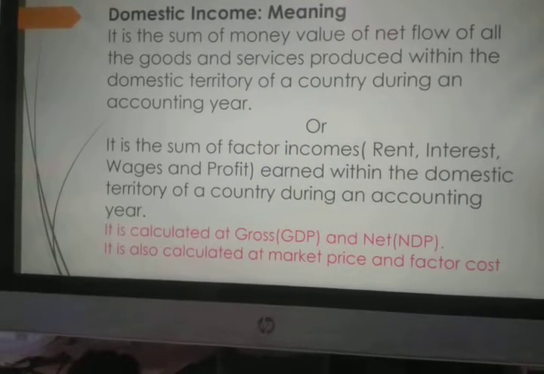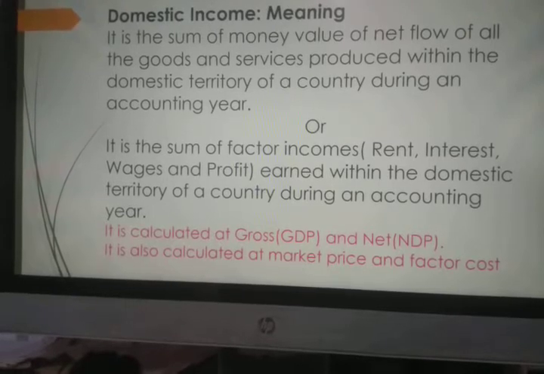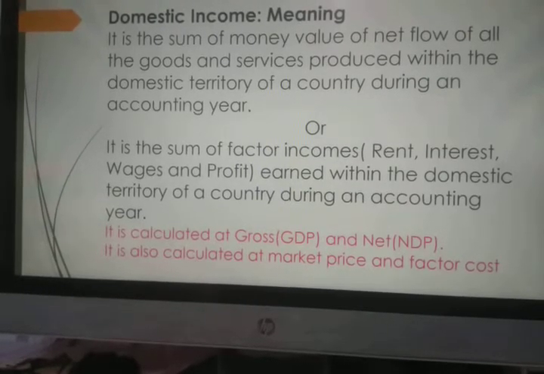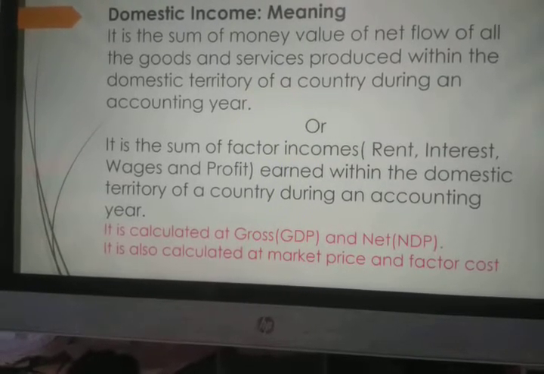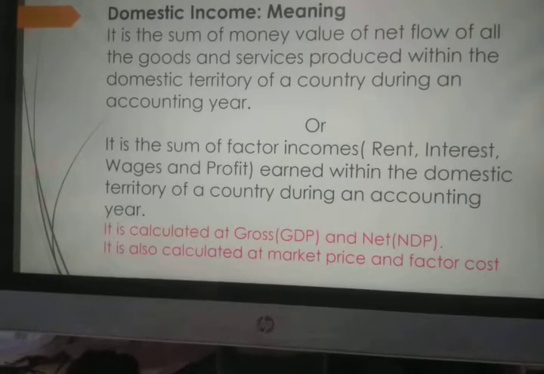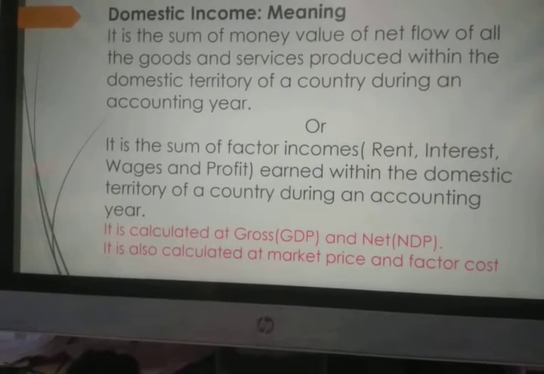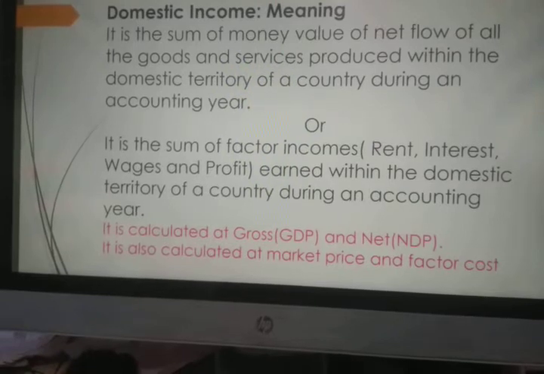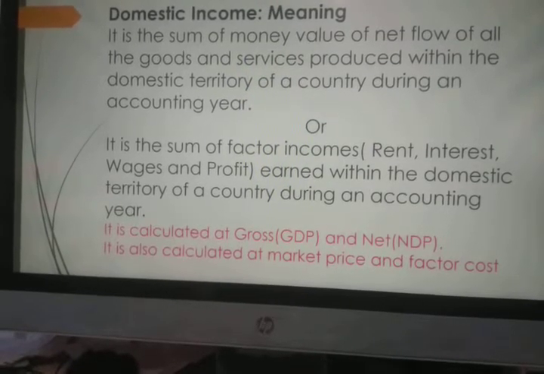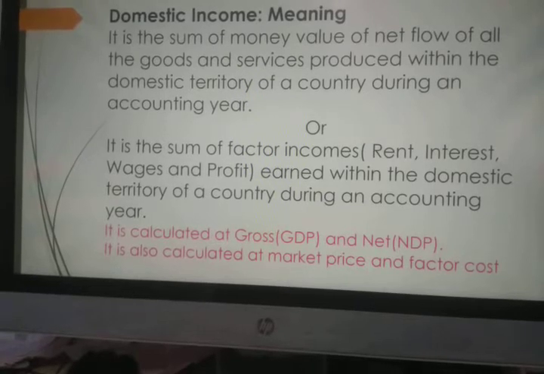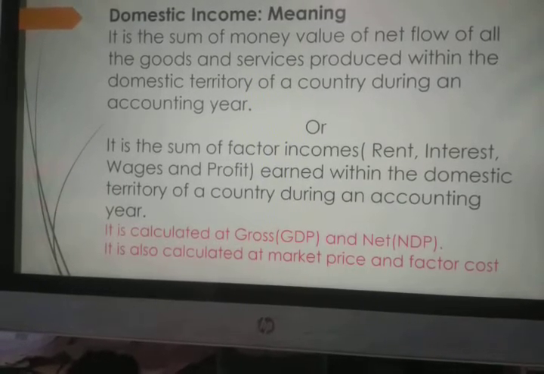The major difference between domestic income and national income is that in national income we were talking about the normal residents of a country, whereas in this concept it is generated, earned or produced within the domestic territory.